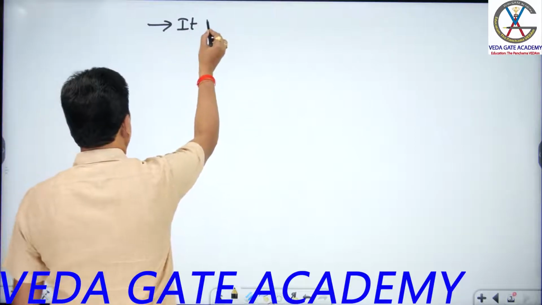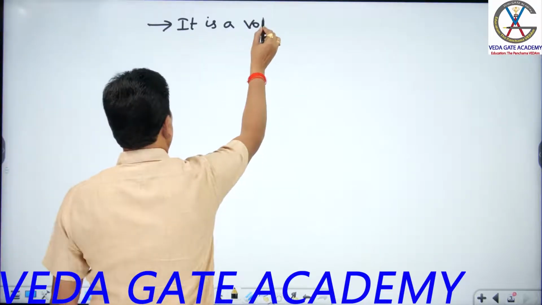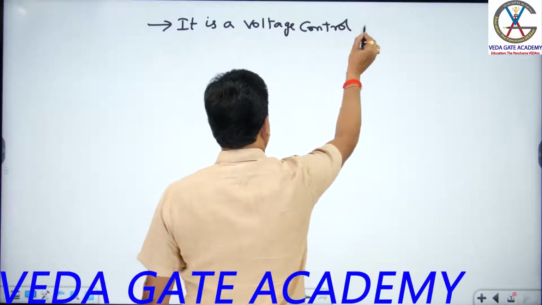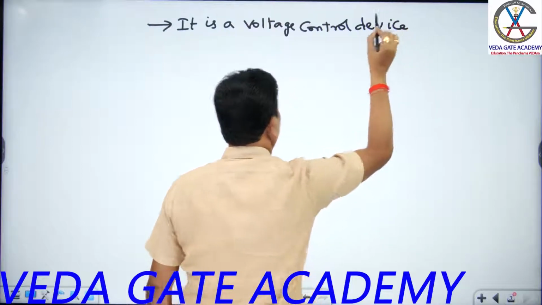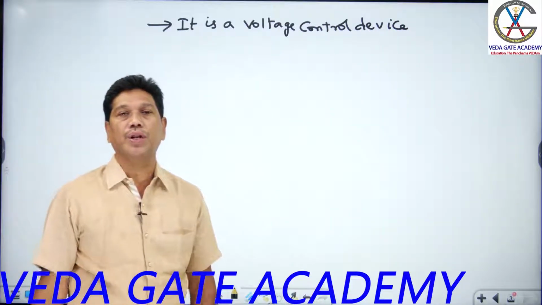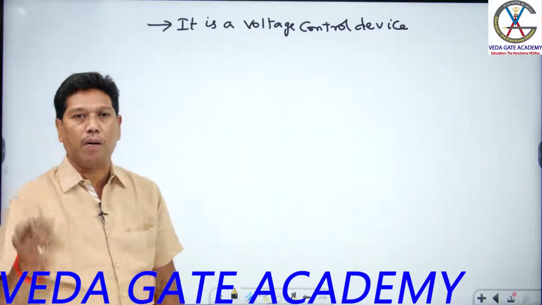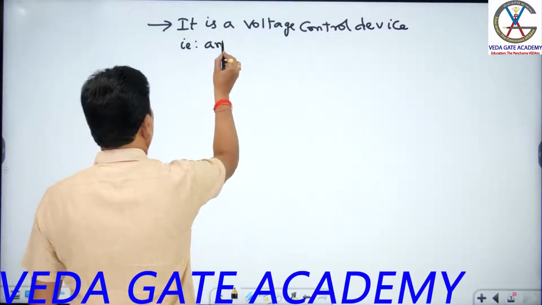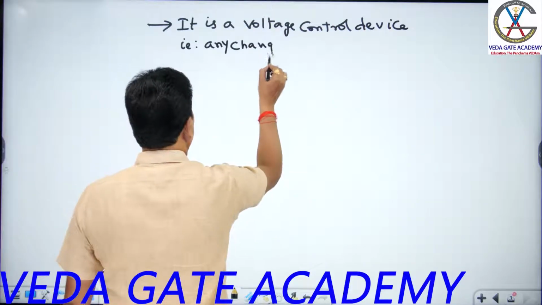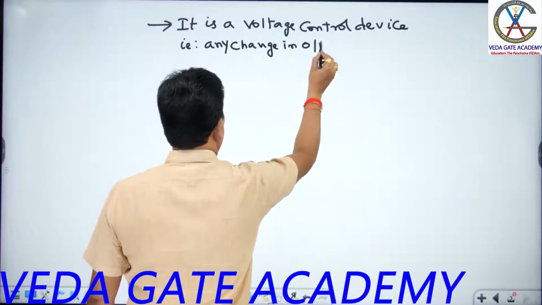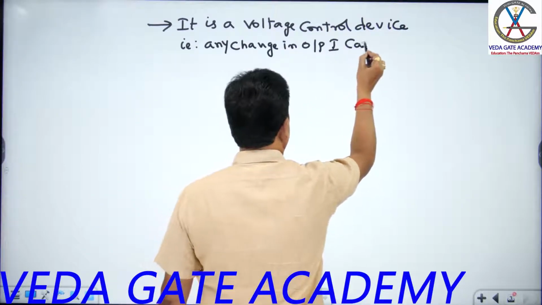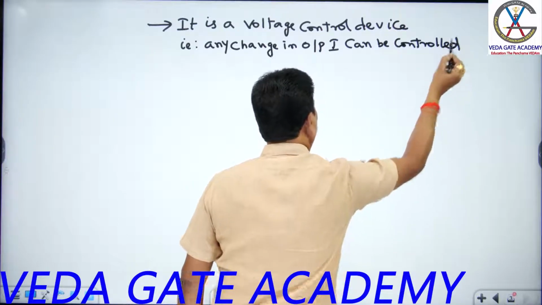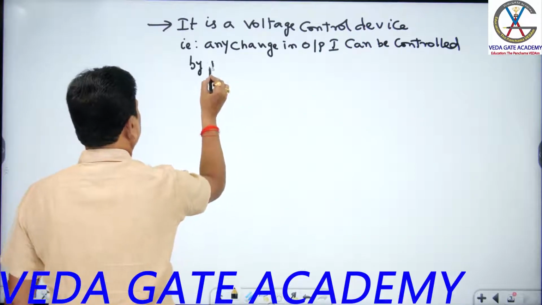So FET and MOSFET both are voltage control devices. What is the meaning of voltage control device? I told you any change in output current is controlled by input voltage, right? Understand, students?